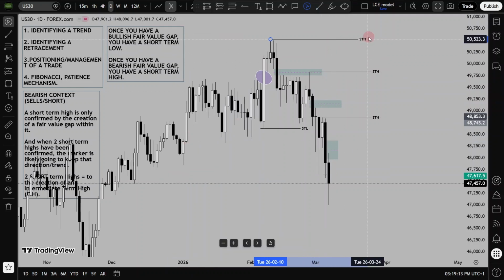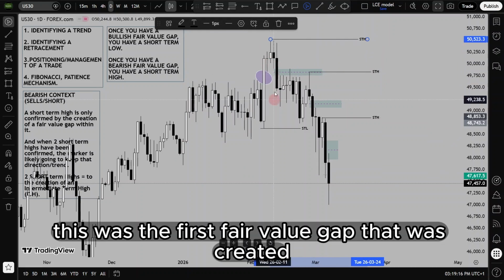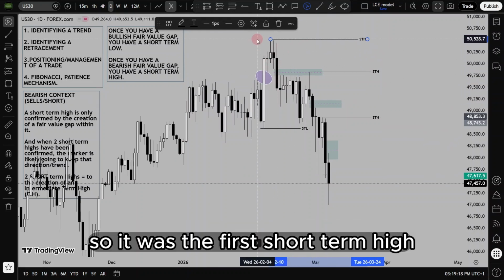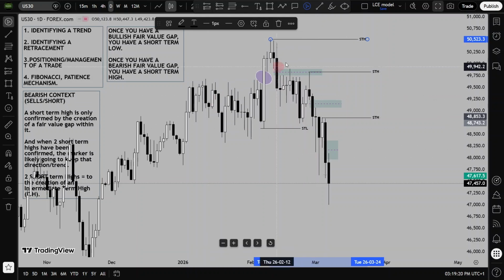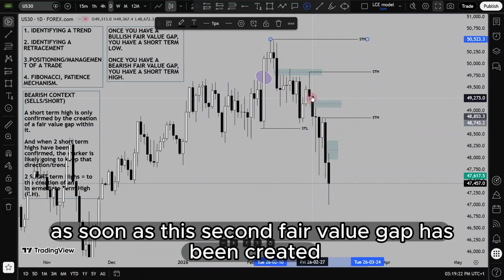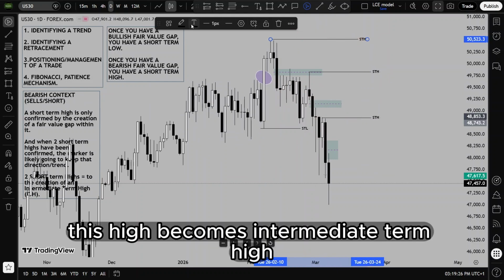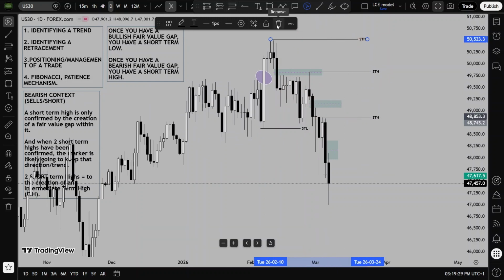You can see, this was the first fair value gap that was created. So it was the first short term high. As soon as this second fair value gap has been created, this high becomes an intermediate term high.